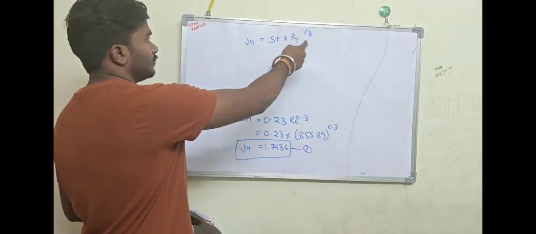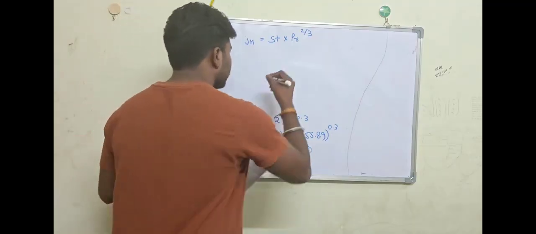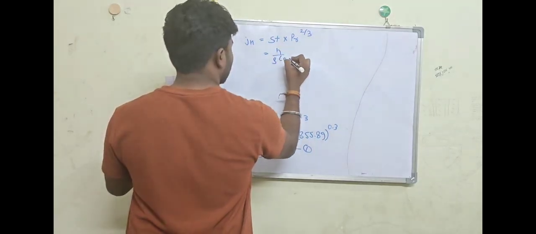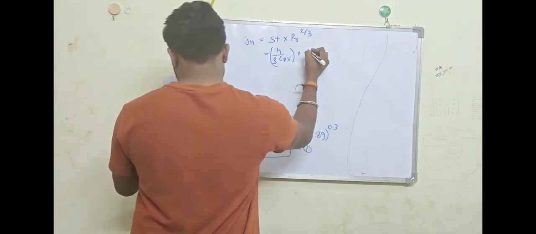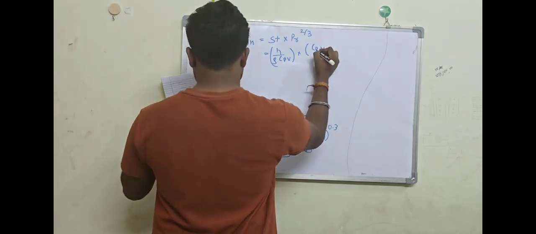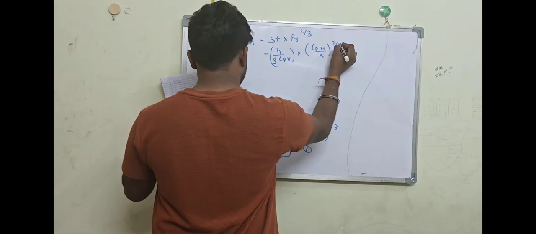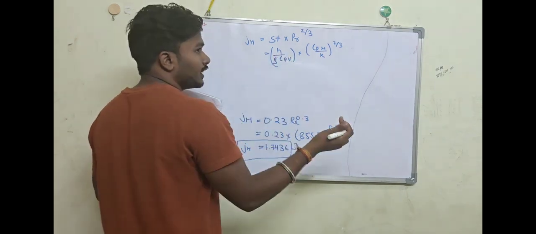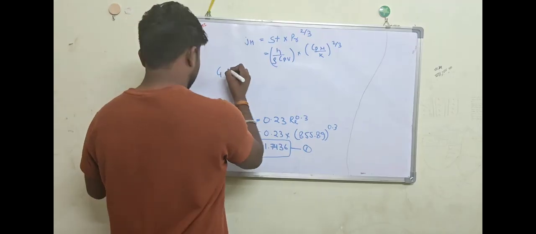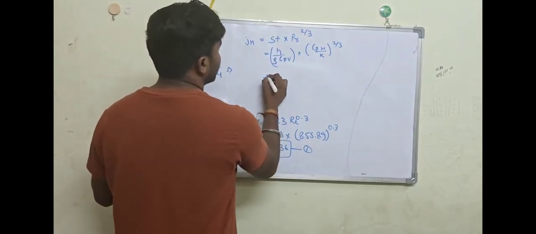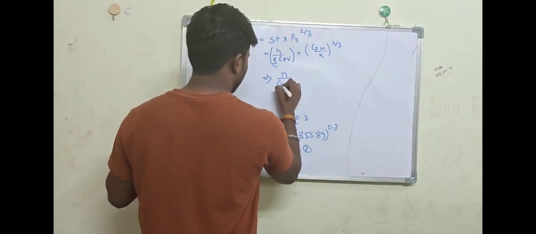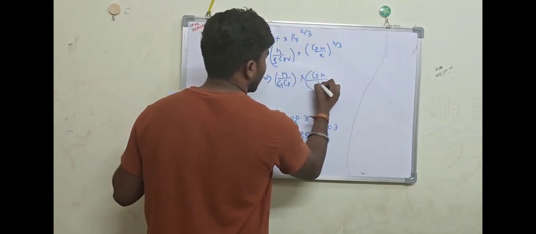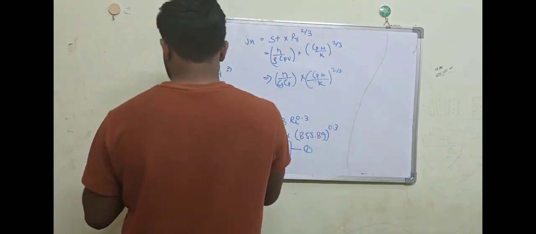Putting in all these, the Stanton number is H upon rho V Cp, and the Prandtl number is Cp mu by K to the power 2 by 3. Rho and V are not given, so we will use G, which we already calculated. The formula turns out to be H upon G Cp into Cp mu upon K to the power 2 by 3.